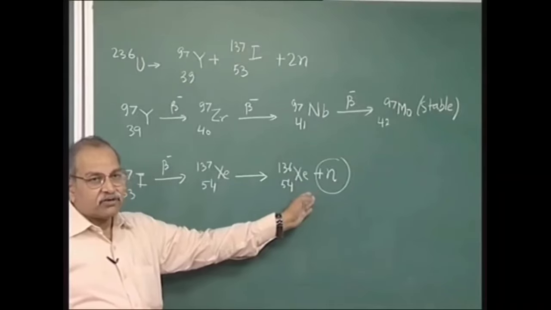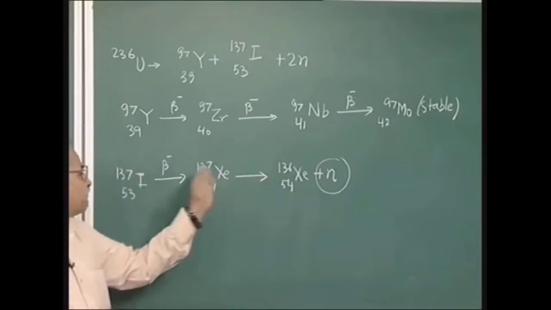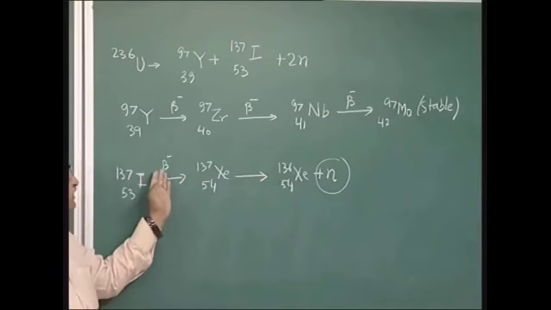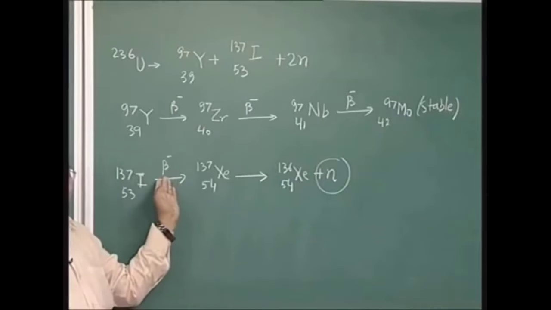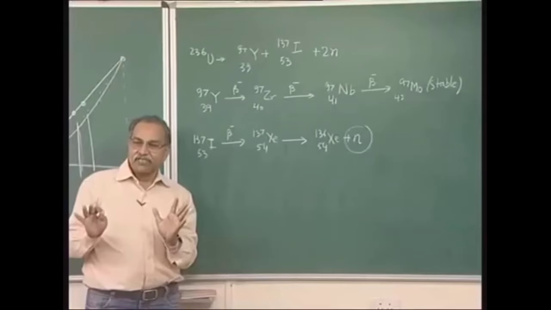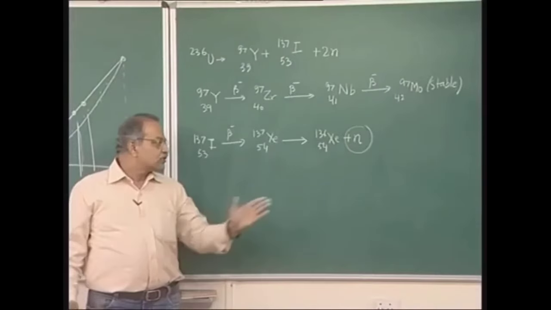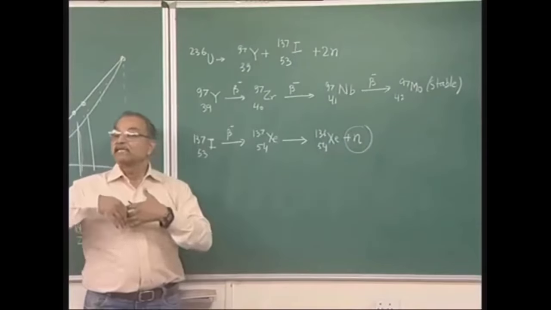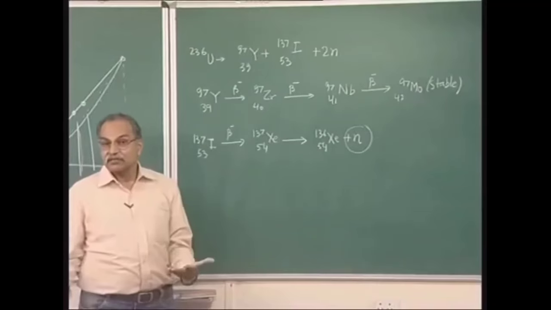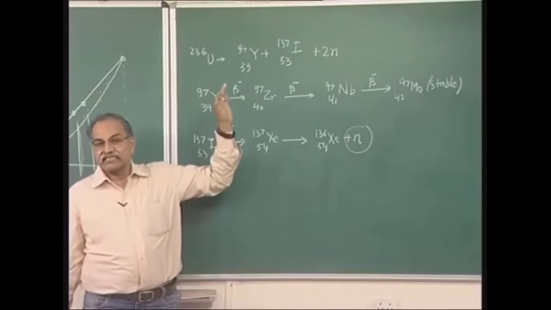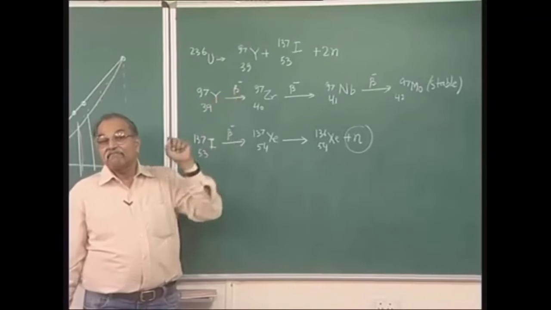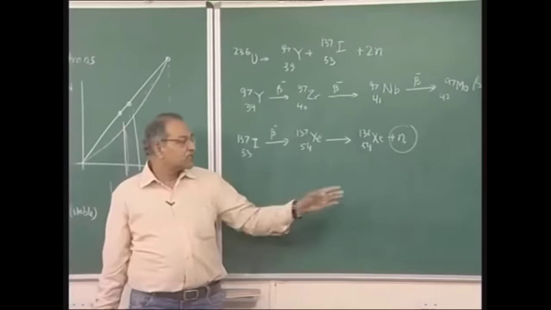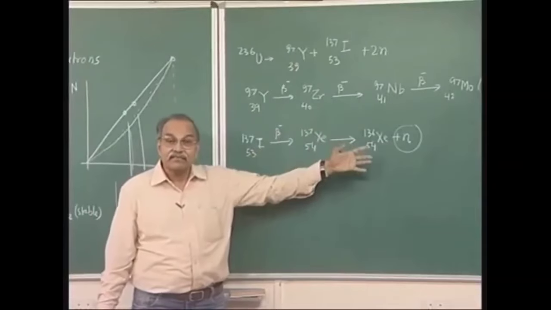Now, this neutron has come after a beta decay, and beta decay has its own lifetime, and therefore this neutron has come after a few seconds or a few minutes, not in 10 to the minus 16 seconds, not at the fission time scale. So, it has come much later than that.